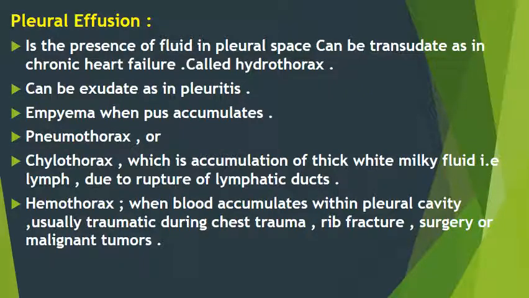First, pleural effusion. All of us know that if there is fluid in the pleural space, it is called hydrothorax. It can be transudate, where the specific gravity is low, as in congestive heart failure, or it might be exudate with high inflammatory infiltrate in it and high specific gravity.